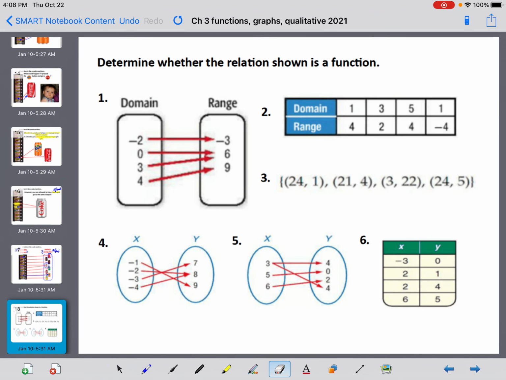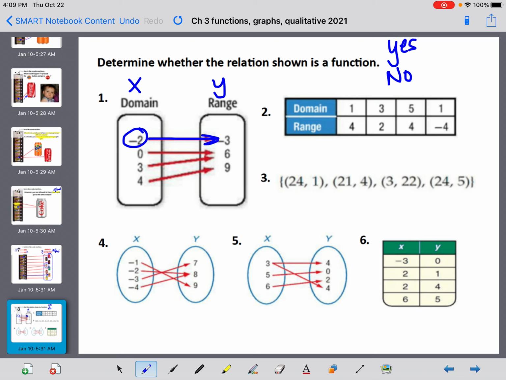Okay, so here's my domain and range map. We're going to determine if number 1 is a function or not. If it is a function, we're going to write yes. If it's not a function, we're going to write no. Okay, so in this set of data, here's my input, my x values, here's my output, my y values. I have a -2.